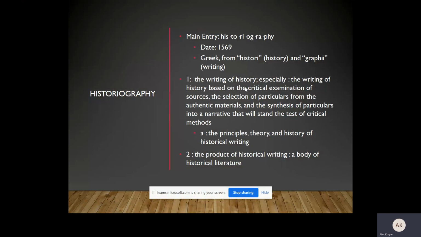Anytime you put graphy at the end of something, it's about studying. It's a Greek word. Our language is based much on Greek and Latin. So historiography is the principal theory and history of historical writing. So the history of history.